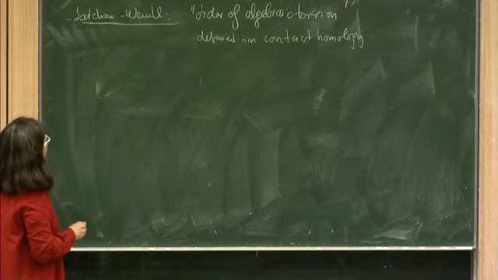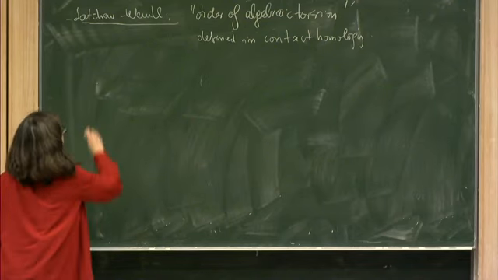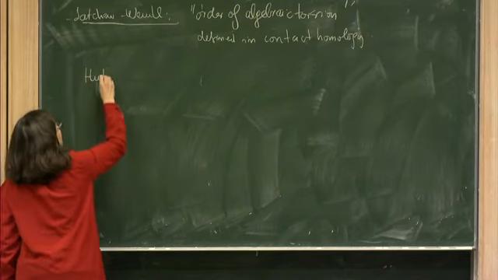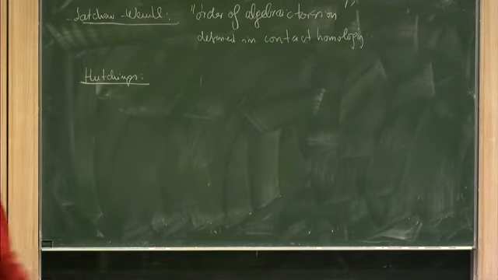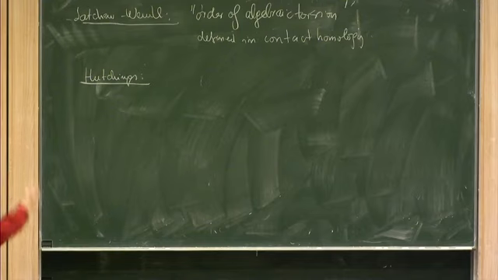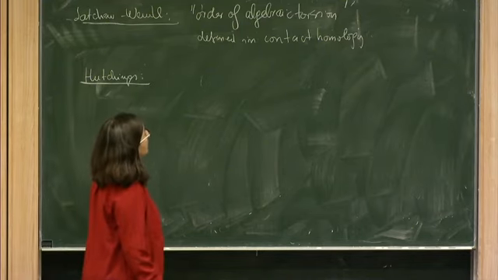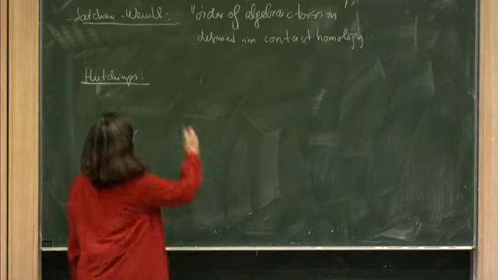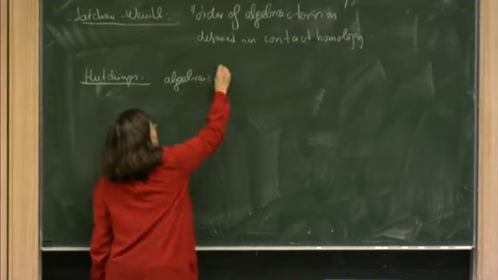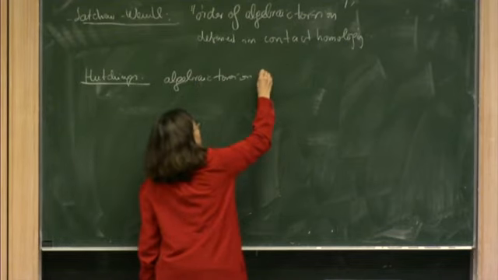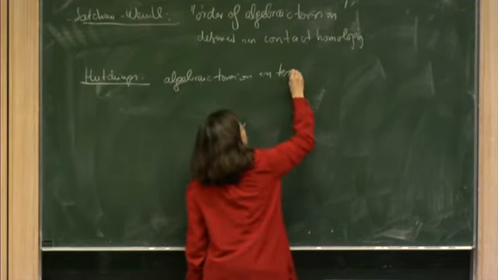I forget now, a few years ago, there is an appendix by Hutchings that reinterprets their definition of algebraic torsion in terms of ECH.